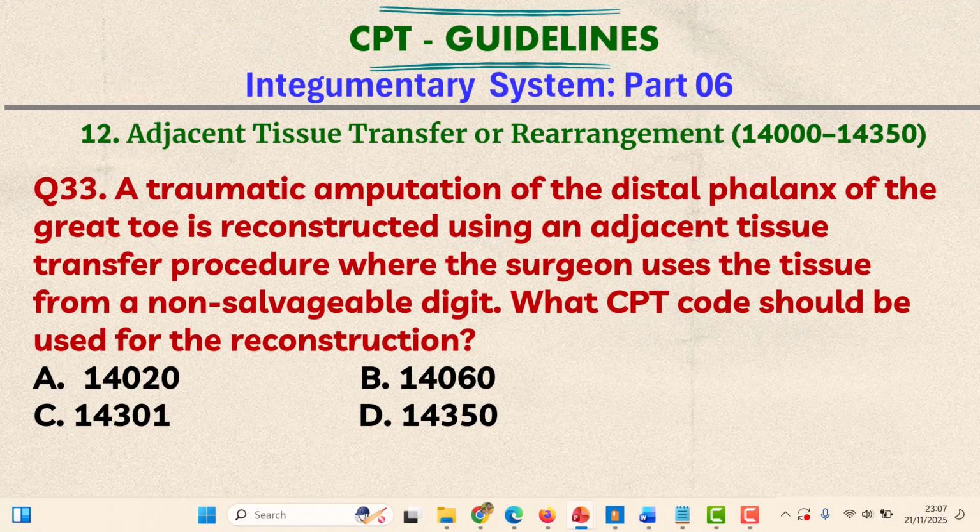Question number 33. A traumatic amputation of the distal phalanx of the great toe is reconstructed using an adjacent tissue transfer procedure where the surgeon uses the tissue from a non-salvageable digit. What CPT code should be used for the reconstruction? There are 4 answers available. Take your CPT code book and find the answer. Here you have to highlight that the great toe is reconstructed using an adjacent tissue transfer procedure.